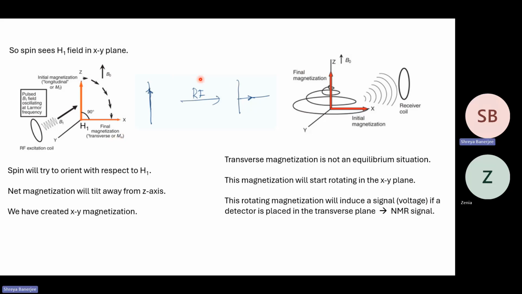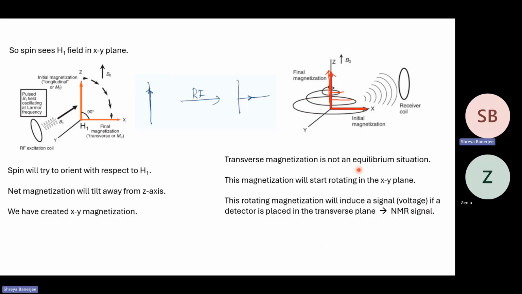Now, when the RF pulse is switched off, the system will try to go back to its original equilibrium condition. So you can see this is the Z component, XY component. XY component was initially this much. After some time, it will become lesser, then it will become lesser. So the XY component is reducing and the Z component is increasing till it regains the original Z component. So this happens in this kind of a spiral way.